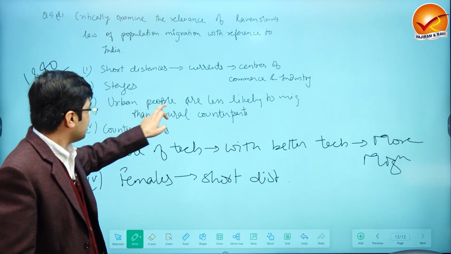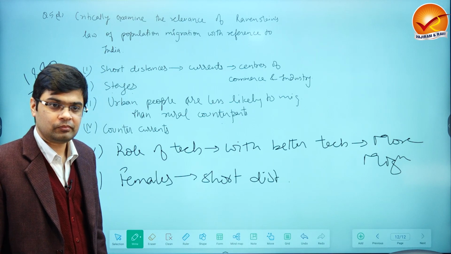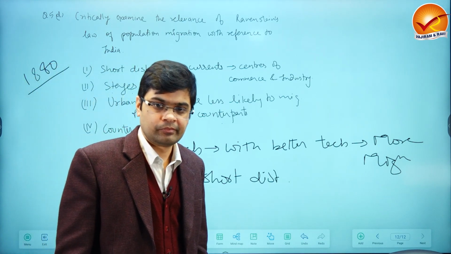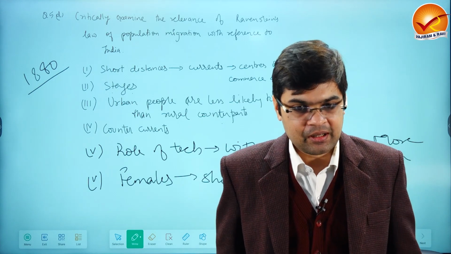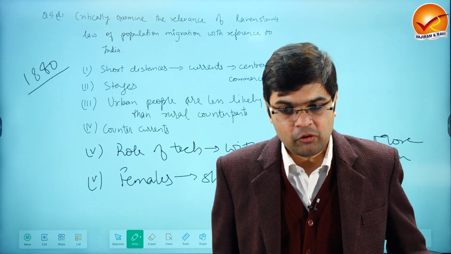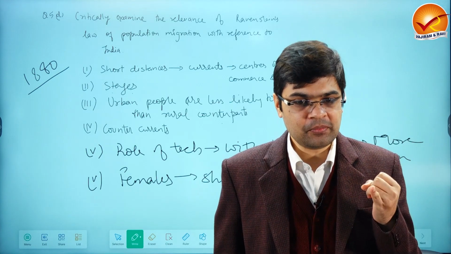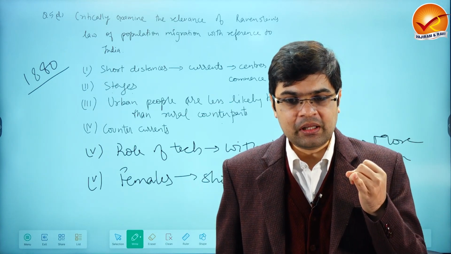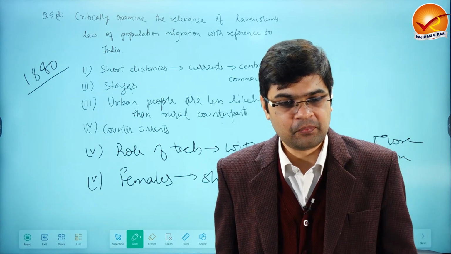Urban people are less likely to migrate than their rural counterparts. When we talk about migration in India, rural-urban migration, rural-rural migration, urban-rural migration, which will make up the maximum number of people?